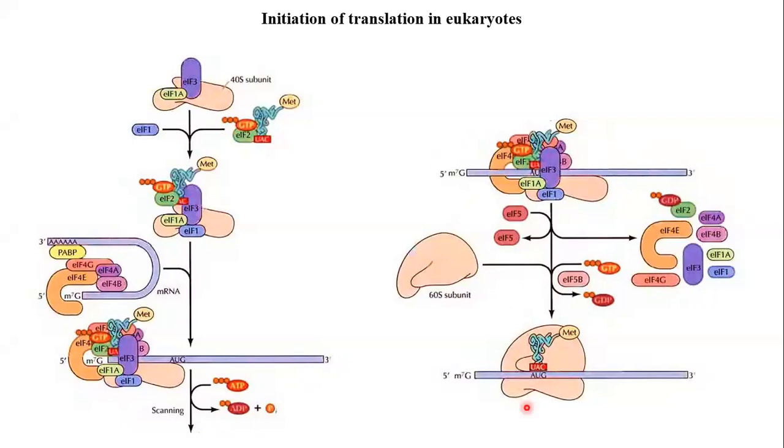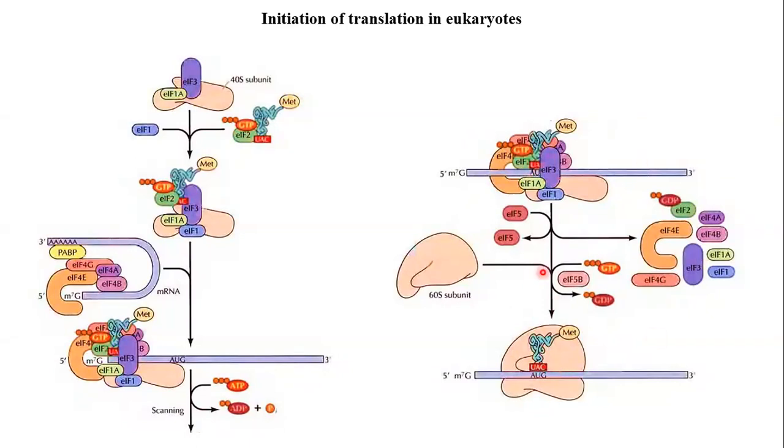Now here you can see that this first transfer RNA has been correctly positioned to its respective codon, AUG. So this anticodon is CAU. Now it has been bound to the P site, the E site and A site are free, and the incoming transfer RNA will bind to the A site, and the elongation can take place.